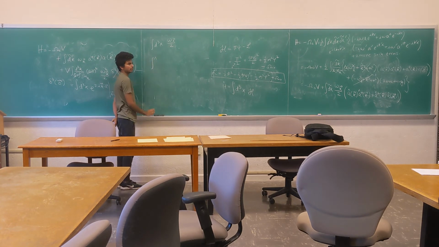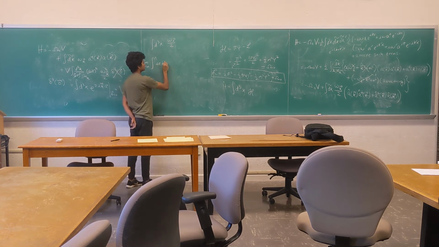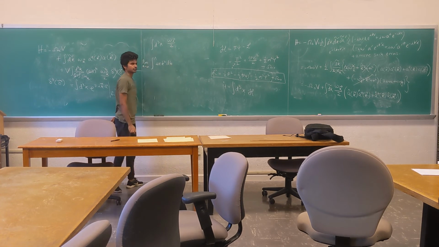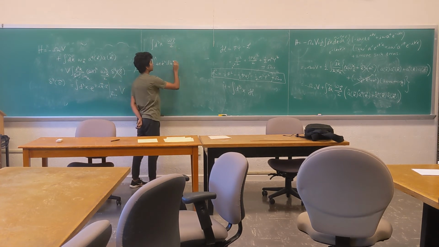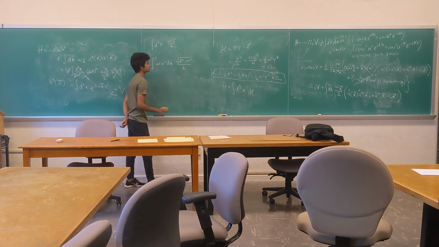Let's put an upper limit lambda and let lambda go to infinity. Then d3k is nothing but 4 pi k squared dk using spherical coordinates, and omega k is the square root of k squared plus m squared, over 2.